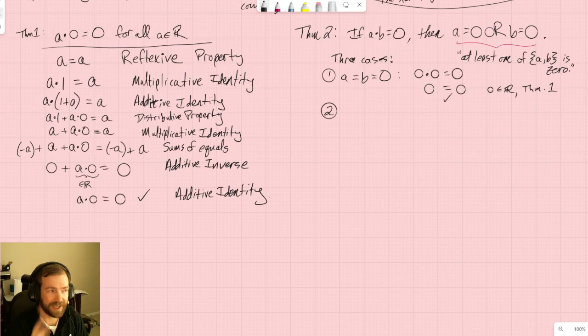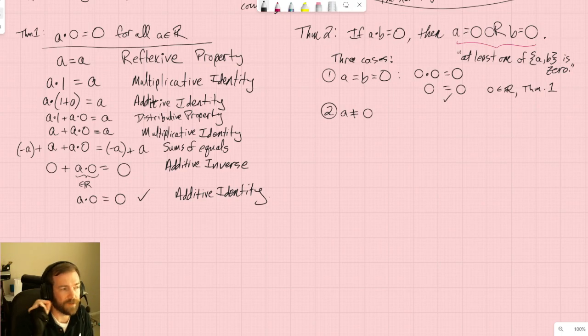All right, so our second case is, okay, now let's take that offer, which was that A is, well, actually, you know what? Okay, A is not equal to 0. So this is our assumption.